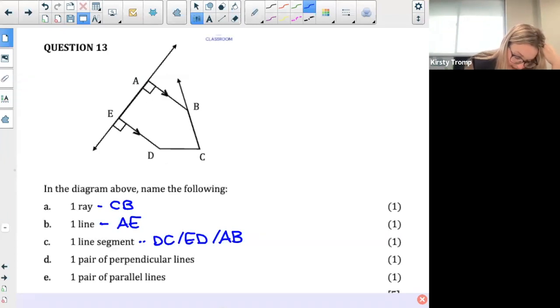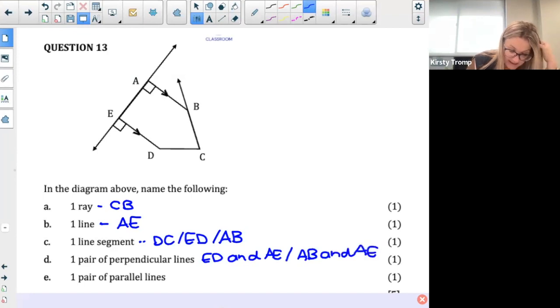So it would be ED because it's a pair. So ED and AE, because those are the two lines that are making the 90 degrees. Well done. Thanks, Blake. All right, could there be another one, guys? Yes, of course there could. There could also be AB and AE. Well done. And finally, one pair of parallel lines.